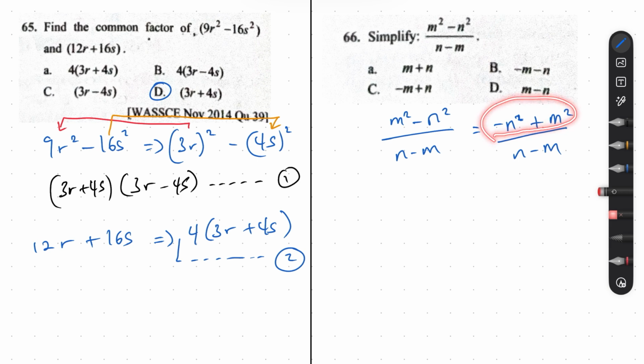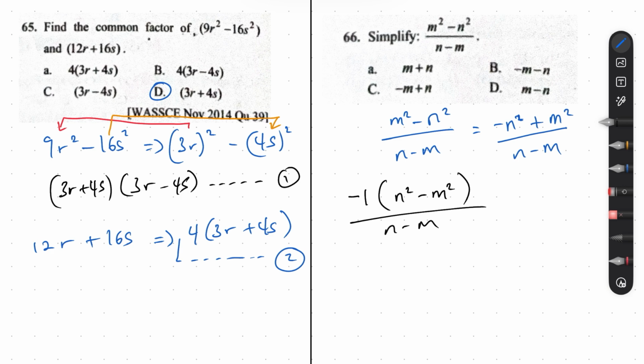Of course, it is a difference of two squares if m is brought to the front, right? Cool. But there's a way we can still make this a difference of two squares. What we can do is try to factor out this negative and see what happens. If you factor it out, you are going to have negative 1 multiplying n squared minus m squared all over n minus m.